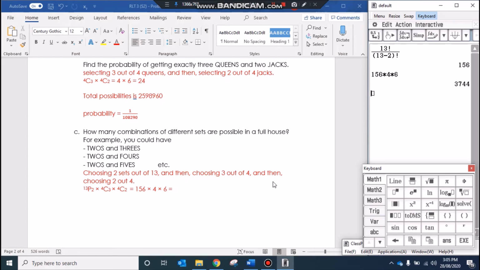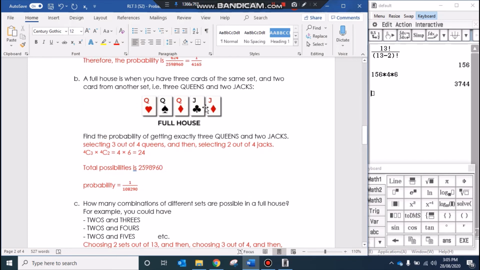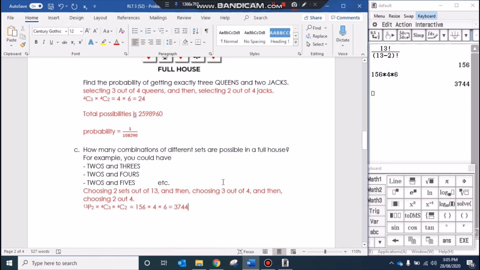So 3,744. That's how many combinations of different full houses you can have.